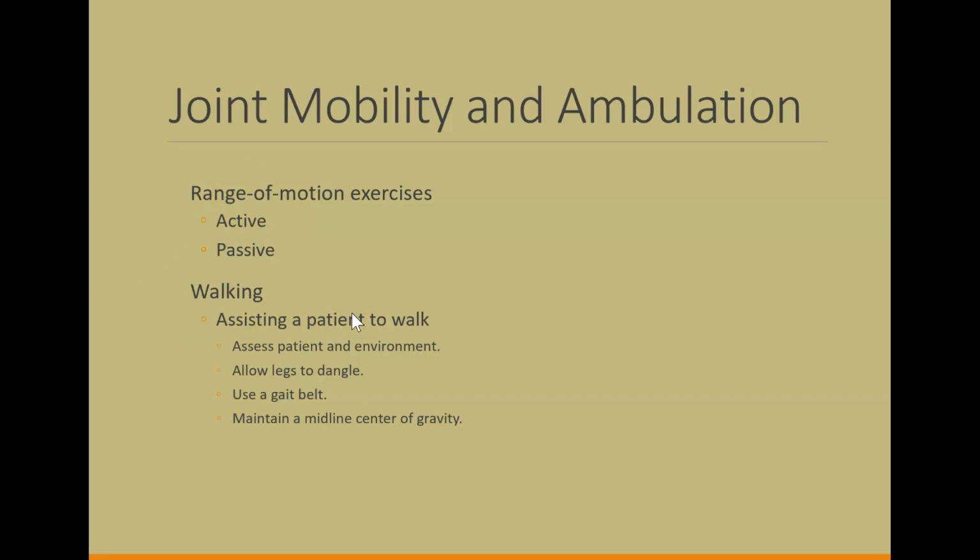Passive range of motion exercises are exercises that you're doing where the person basically is not helping or they have the inability to help. And then you have what they call active, where the person is actually participating and moving their joints on their own.